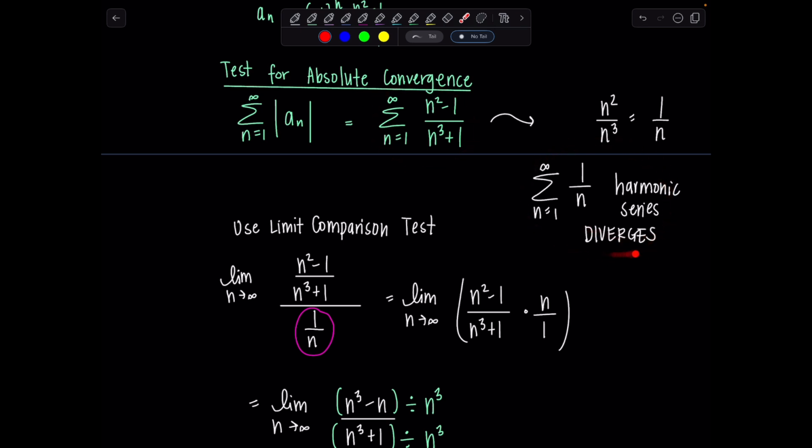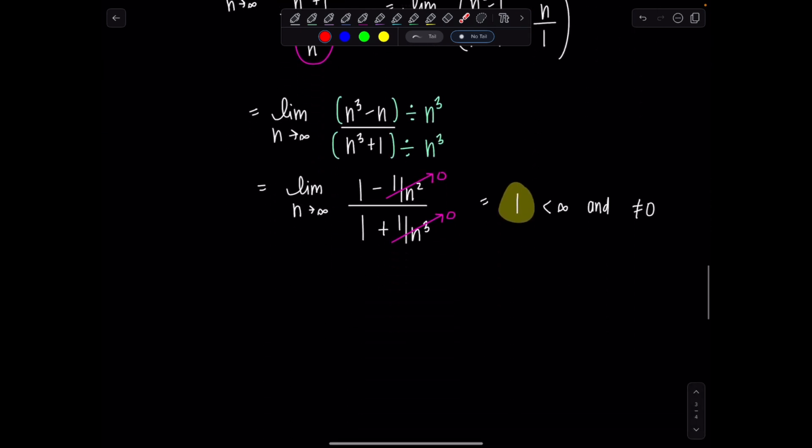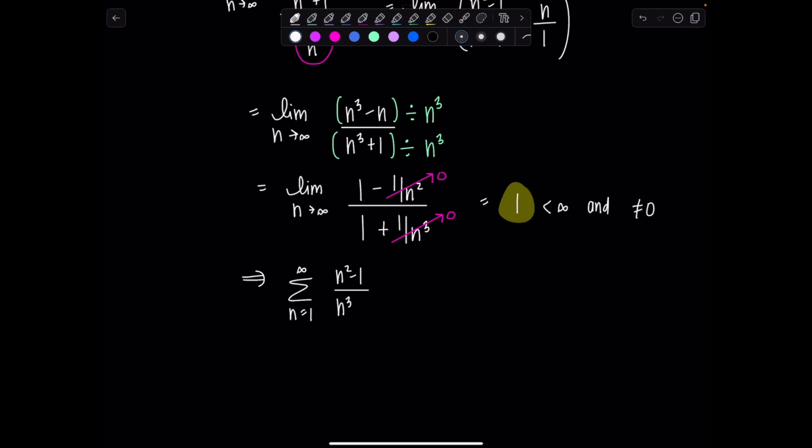Well, the harmonic series diverges, so then that means, let's summarize right here for the people. This means the sum n equals 1 to infinity of n squared minus 1 over n cubed plus 1 diverges also by the limit comparison test. I let my students abbreviate that LCT.